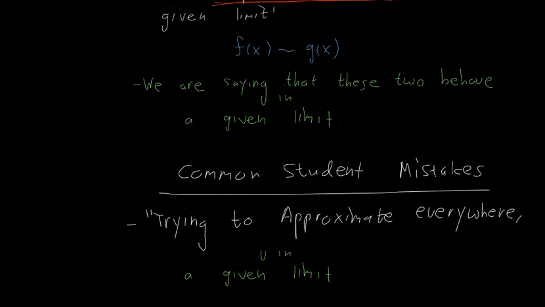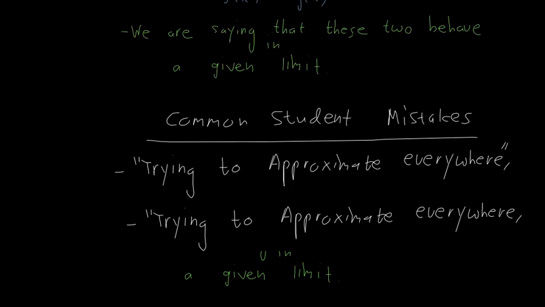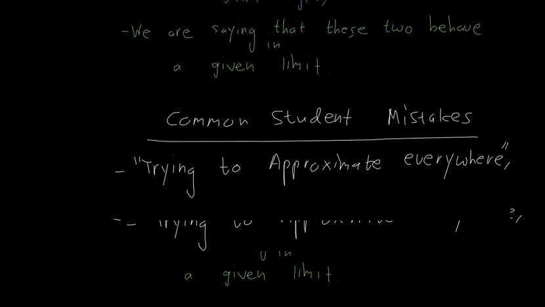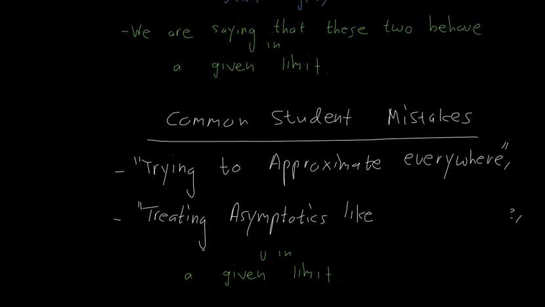Where they should be focusing locally. You should be focusing on local behavior, not asymptotics everywhere. Number two, treating asymptotics like exact equalities.